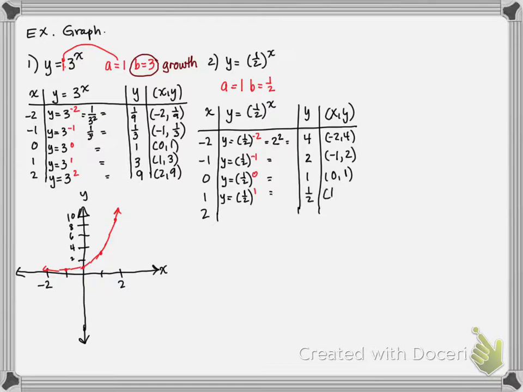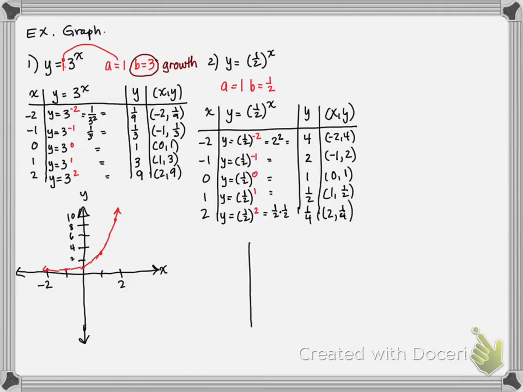Yep, ever decreasing on my y's as my x's increase. So then we have 2 squared, and that's going to be equal to 1/2 times itself, which gives me 1/4. So my last ordered pair is 2, 1/4.